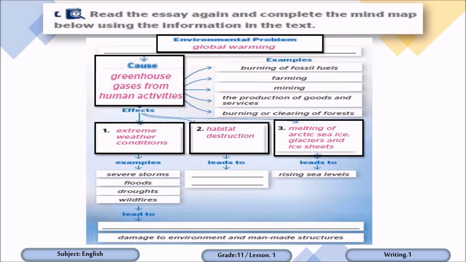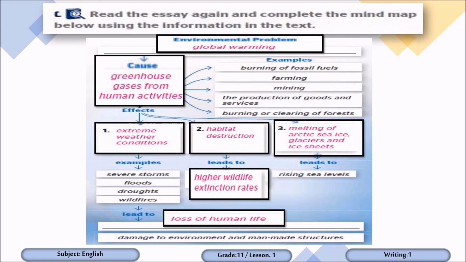Melting of the Arctic sea ice, glaciers, and ice sheets. This leads to higher wildlife extinction rates. Then it leads also to loss of human life.